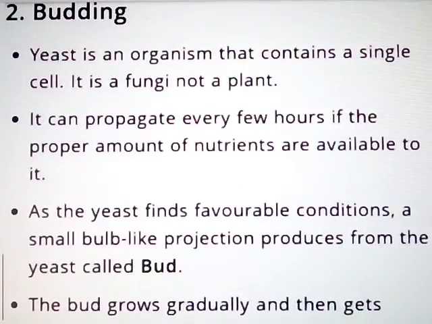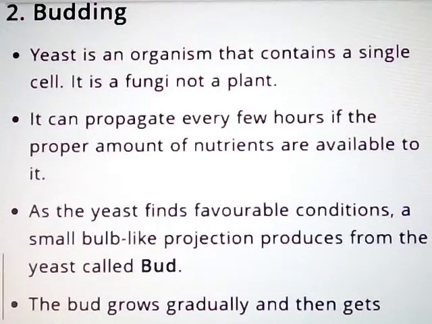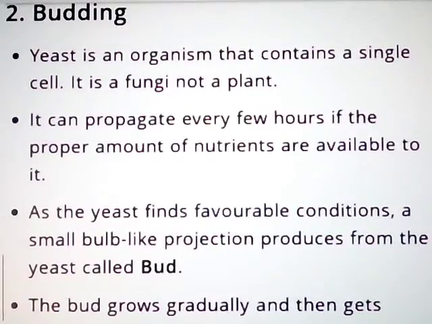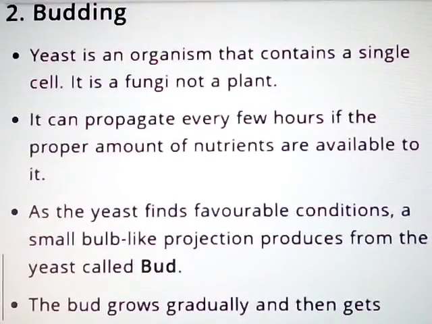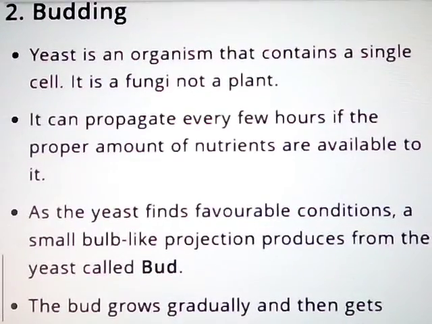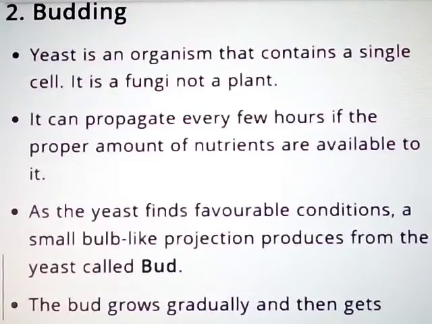Budding. Yeast is an organism that contains a single cell. It is a fungus, not a plant. It can propagate every few hours if the proper amount of nutrients is available to it. As the yeast finds favorable conditions, a small bulb-like projection is produced from the yeast, called a bud.